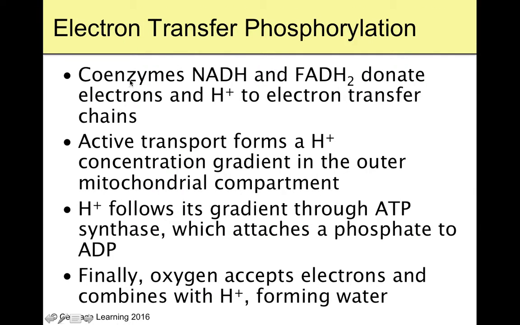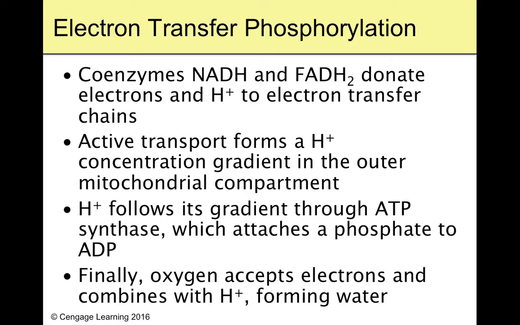We've been spending a lot of time making NADH and making FADH2, these coenzymes that carry a lot of hydrogen. And now what we're going to do is donate the electrons that these guys carry, and the hydrogens these guys carry, to our electron transfer chains. So active transport, this requires energy, forms this hydrogen concentration in our outer mitochondrial compartment.